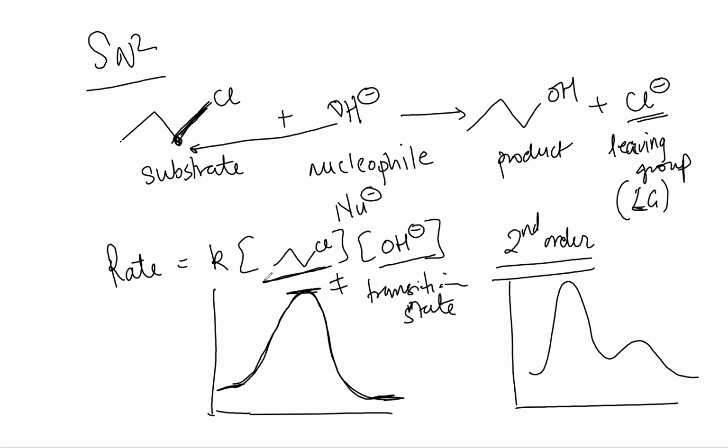It means both of these things are involved in the transition state. Okay, so for the transition state to happen, both of them have to be involved in there. The other thing the graph tells you is that you only have one transition state, as opposed to this graph on the right, which has two transition states. What this means is that the entire reaction is happening in one step.